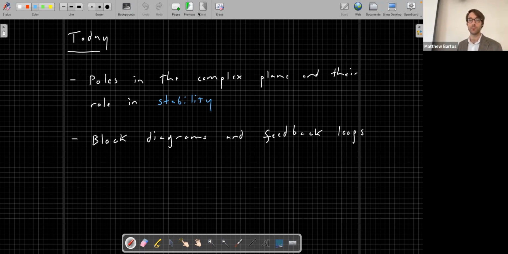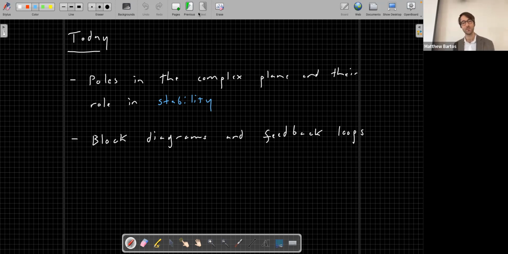In particular, for the purposes of today's lecture, the system in the frequency domain gives us a lot of useful information about the stability of the system, which will be especially useful for control, which we will be getting into starting next week. So today's lecture, we're going to be looking at poles in the complex plane and their role in determining the stability of an LTI system.